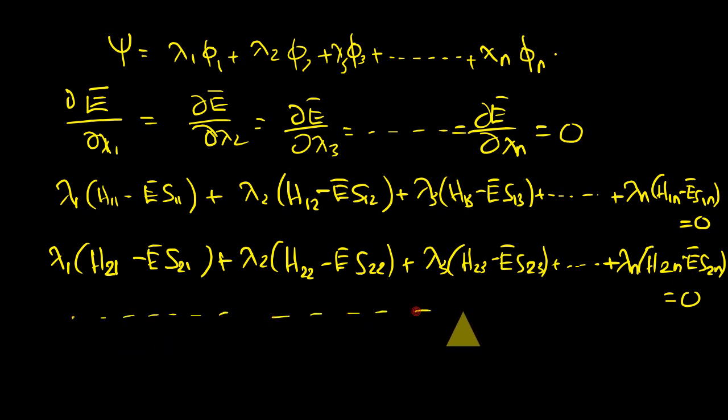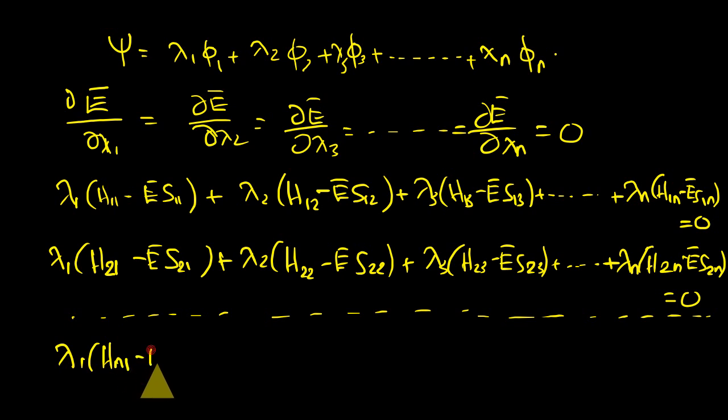Similarly, we will get n equations. So we can write etc. etc. And the last equation is the nth equation. That nth equation will be lambda 1 into h, that is the nth row. So first number should be n, first column n1.